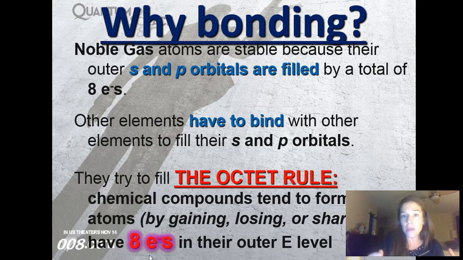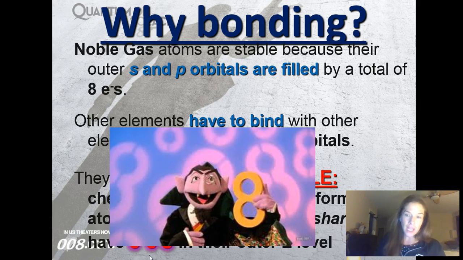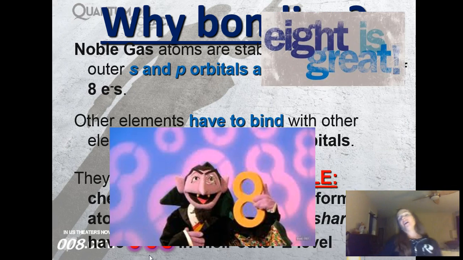All these atoms are going to combine and shift their electrons around so that they can get closer to that octet and try to fulfill that octet. 8 is great.